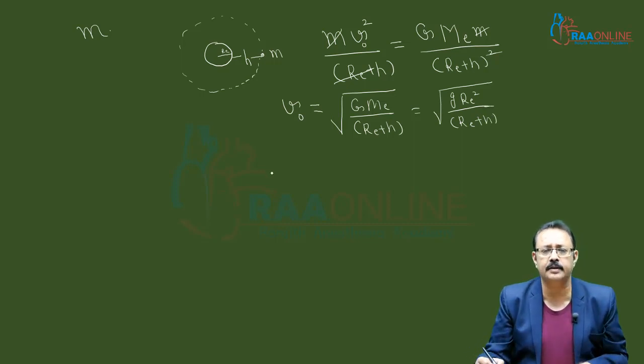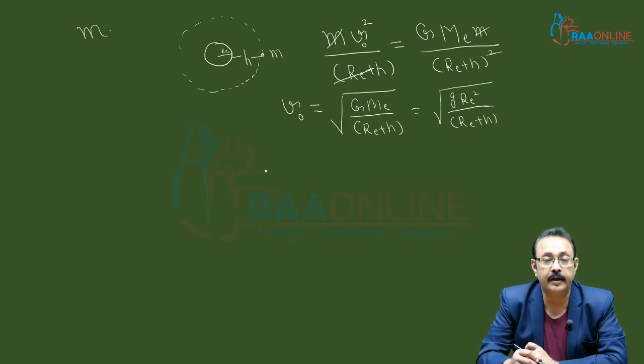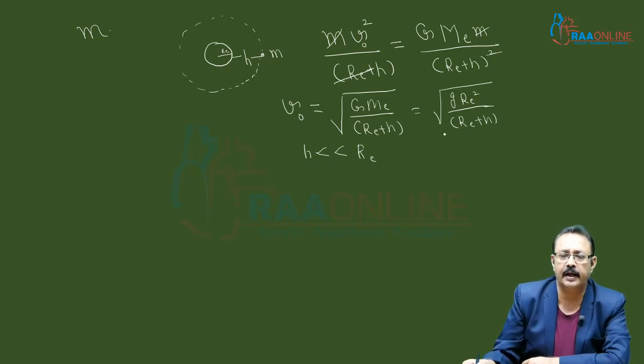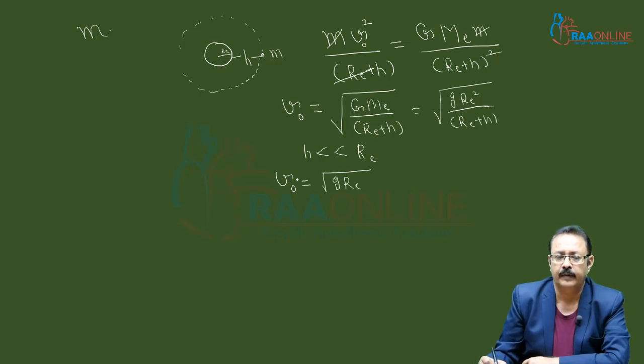Now so many results are there, so many questions they can ask from this. If the satellite is near the Earth, it means if h is very small compared to the radius of Earth, you can ignore this h in the addition. So what you will get, v0 is equal to root of g RE. g and RE are known.